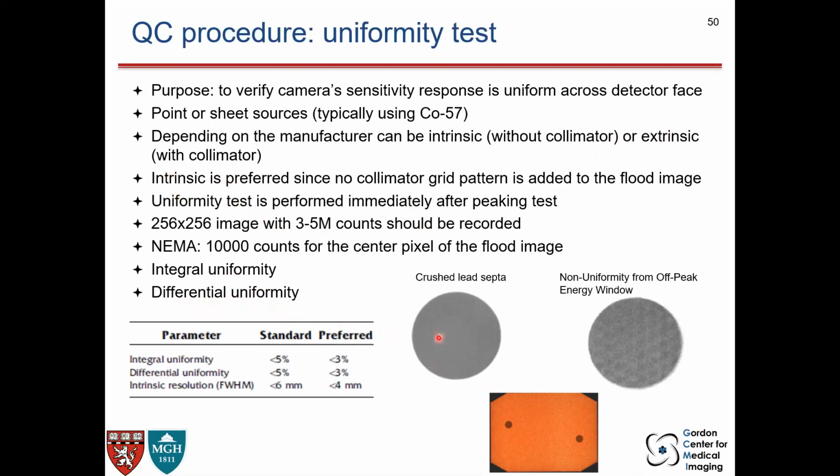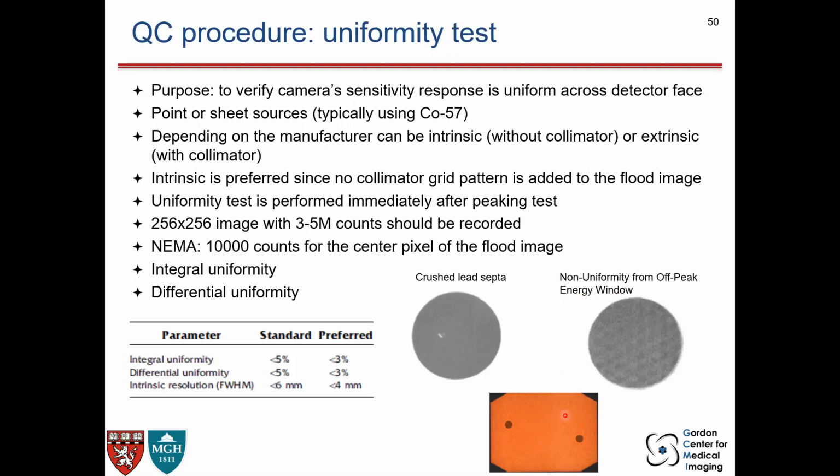One collimator hole or a group of collimator holes were crushed together, so then you don't get gamma ray counts. And this non-uniformity is from the energy window, which is shifted. That means the photo peak was shifted, and you're not collecting relevant gamma ray counts.